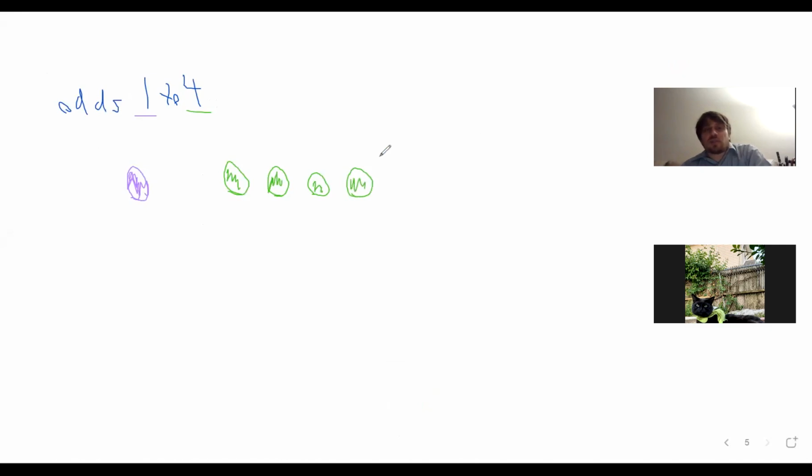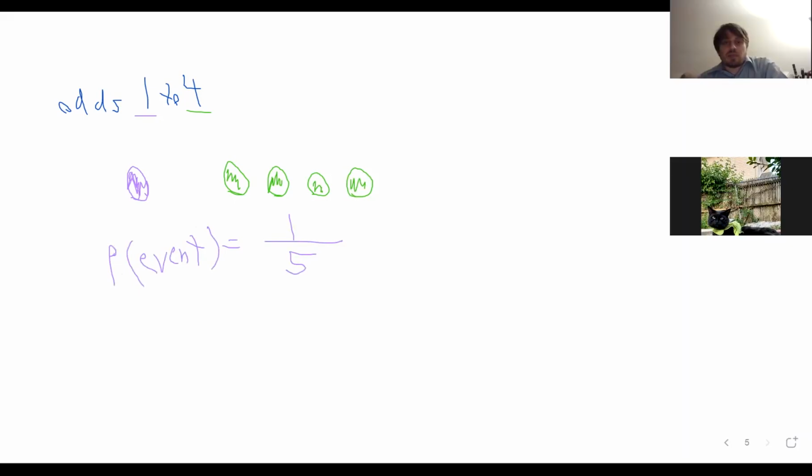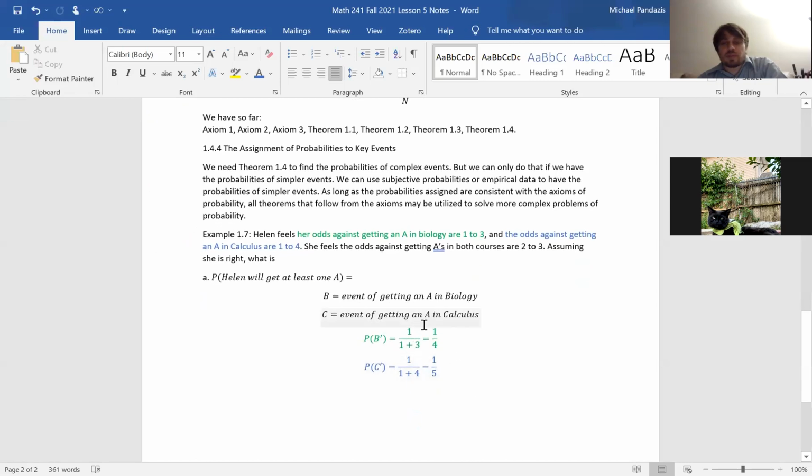So the odds are 1 to 4 means the probability of that event would be 1 over the total. Well, 1 divided by 5, because for every time it happens once, there's 4 where it doesn't, so that's 1/5. Okay, so you see how the odds still work that way. So the probability of C prime is equal to 1 over 1 plus 4, which is 1/5.